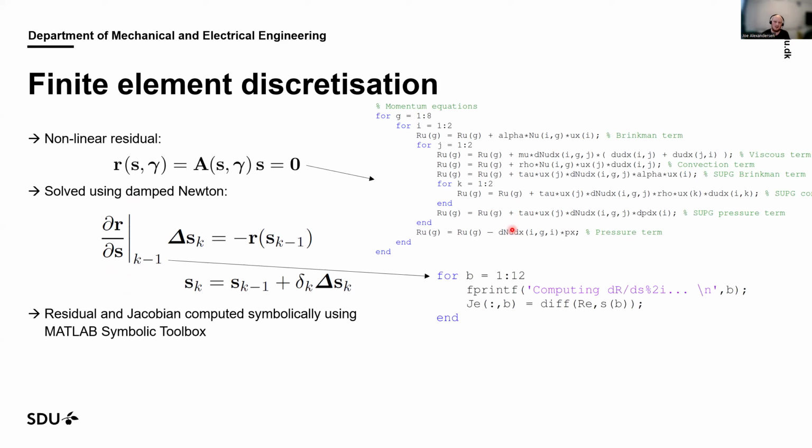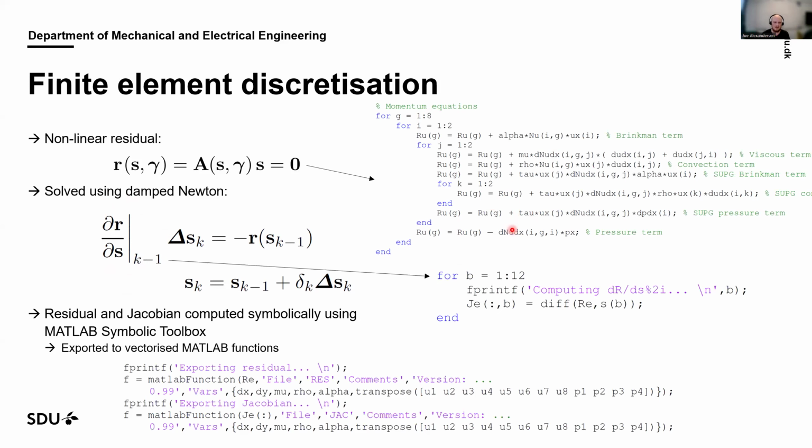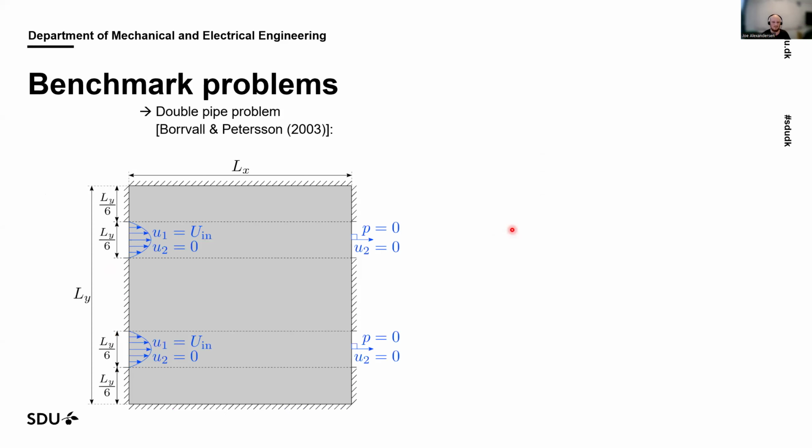And then I can just ask MATLAB to differentiate. And then I can export it to vectorized MATLAB functions, meaning that I can build the residual vectors and the Jacobian matrices for all elements at once using vectorization. So that makes a relatively fast code, but a very memory intensive code because you're building all elements at once.